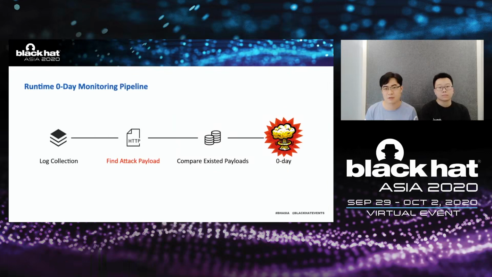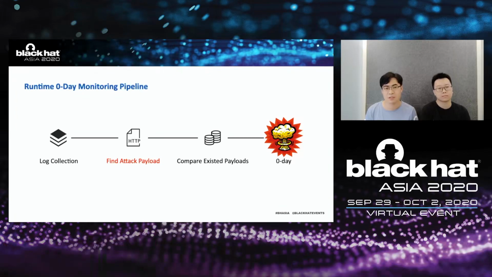Here is our zero-day monitoring pipeline. First, we collect both network traffic and endpoint logs in real web applications. Then we produce a data mining model to separate the suspicious attack payload from the massive HTTP flow.